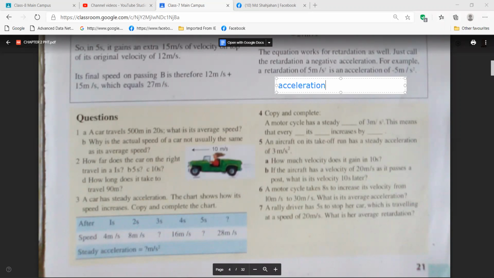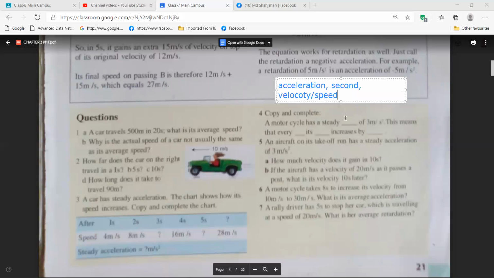Then next gap: this means that every second its velocity, or speed, whatever you say, no problem. If you say velocity, it is correct. If someone says speed, it is also correct. But velocity is more appropriate because it is a vector quantity.